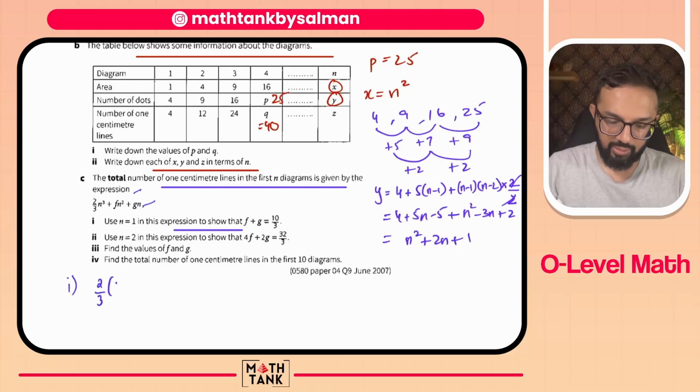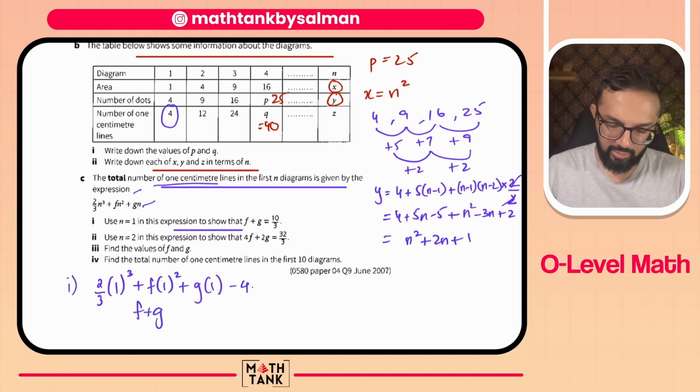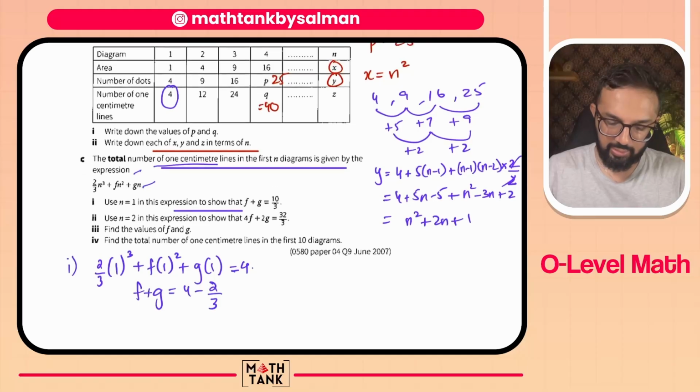So 2 over 3 times 1 cubed, plus f times 1 squared, plus g times 1. In the first diagram, the total number of 1 centimeter lines should be 4, right? So f plus g should be equal to 4 minus 2 over 3. F plus g would equal 10 over 3.